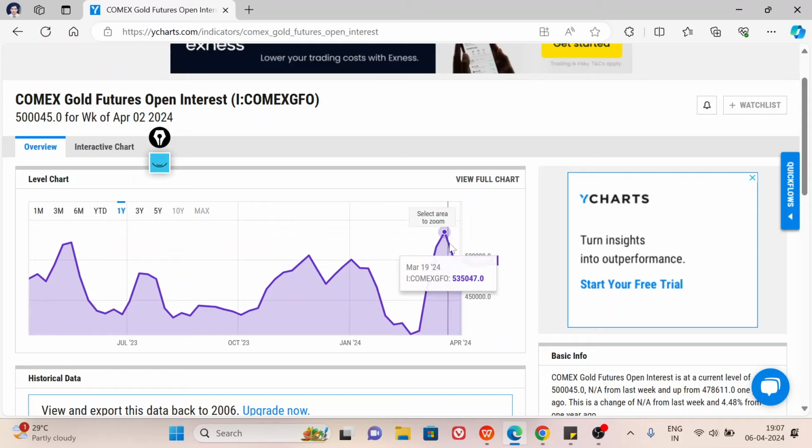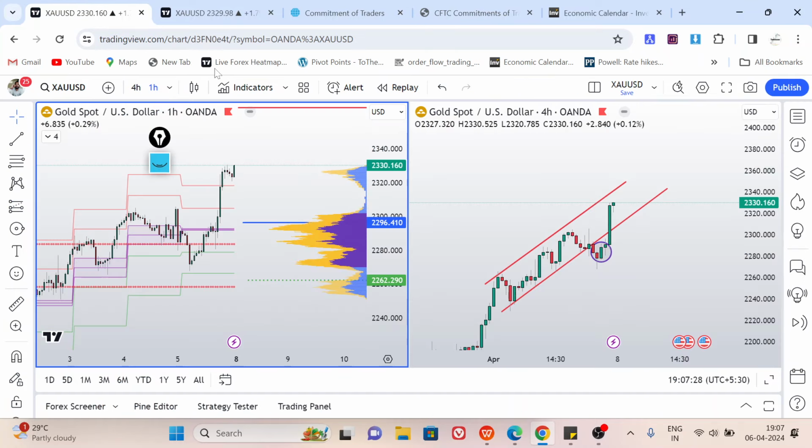So the open interest has been continuously falling for the last 2 weeks. This is some relief for bears, but overall there is no actual relief on the technical chart.